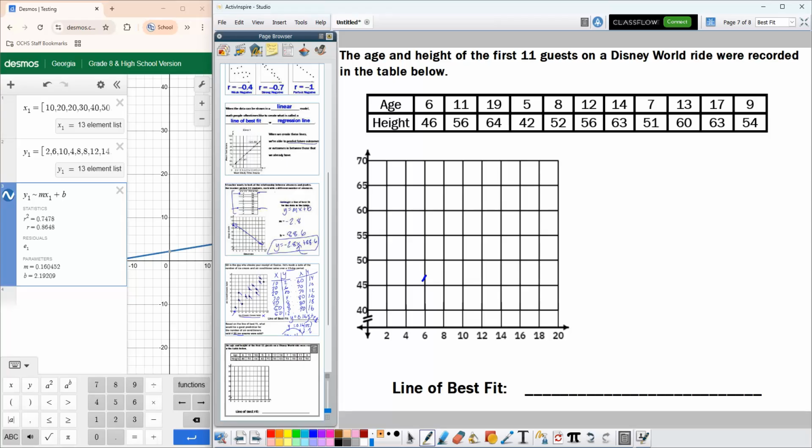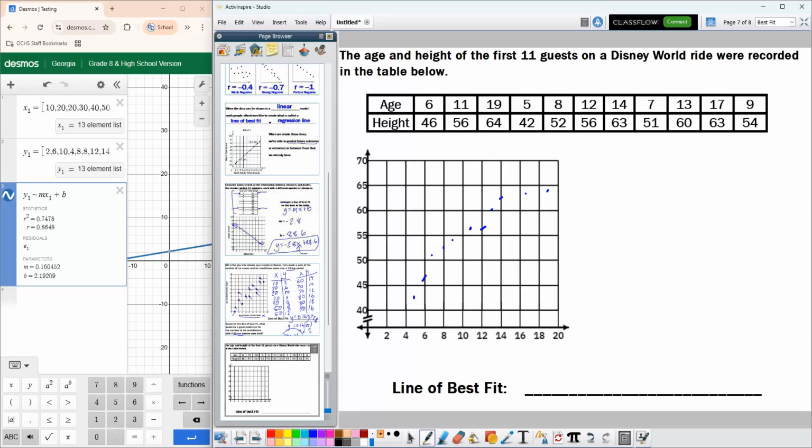And then 11, 56 would be right in there. 19, 64, heck of a year, is right there. 5, 42 would be right in there. 8, 52 would be right in there. 12, 56 is right there. 14, 63, I'm sure, was a heck of a year too. 7, 51 is right there. 13, 60 is right there. 17, 63 sounds like a great year too. 9, 54 right in there.